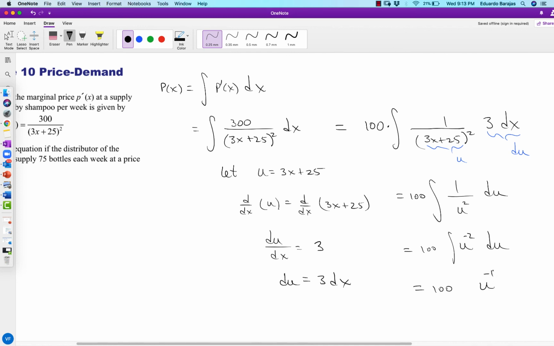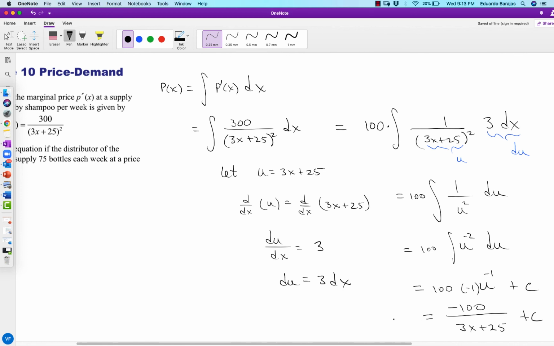Remember, the derivative of this is going to bring down the minus 1, subtract 1, that gets you to that minus 2. But we need to take care of that extra minus 1, so we have to throw that in there. The derivative of this is going to be equal to that. Good. Plus some constant. And now we simplify and substitute the value of u. So we get minus 100 divided by (3x plus 25) plus some constant is going to be my answer.